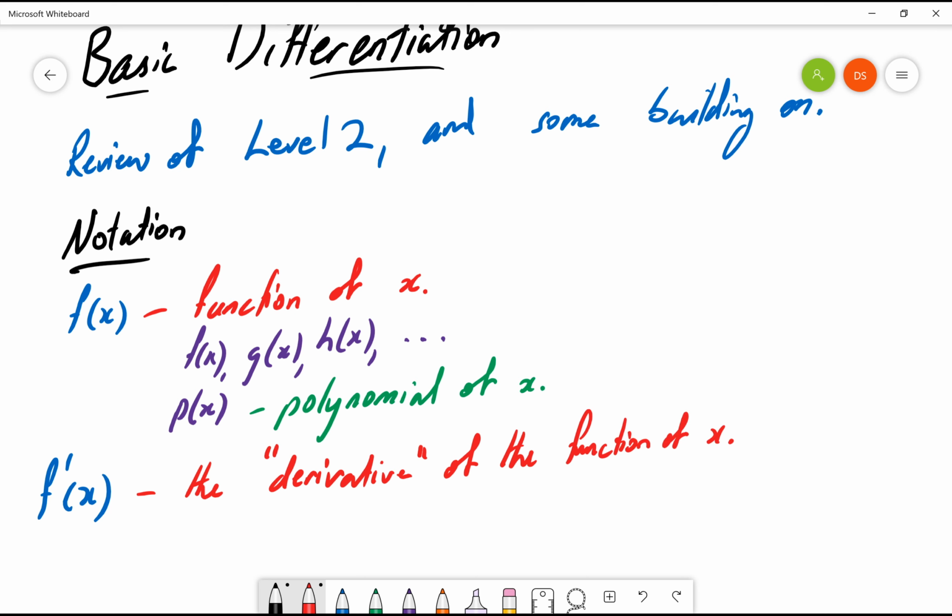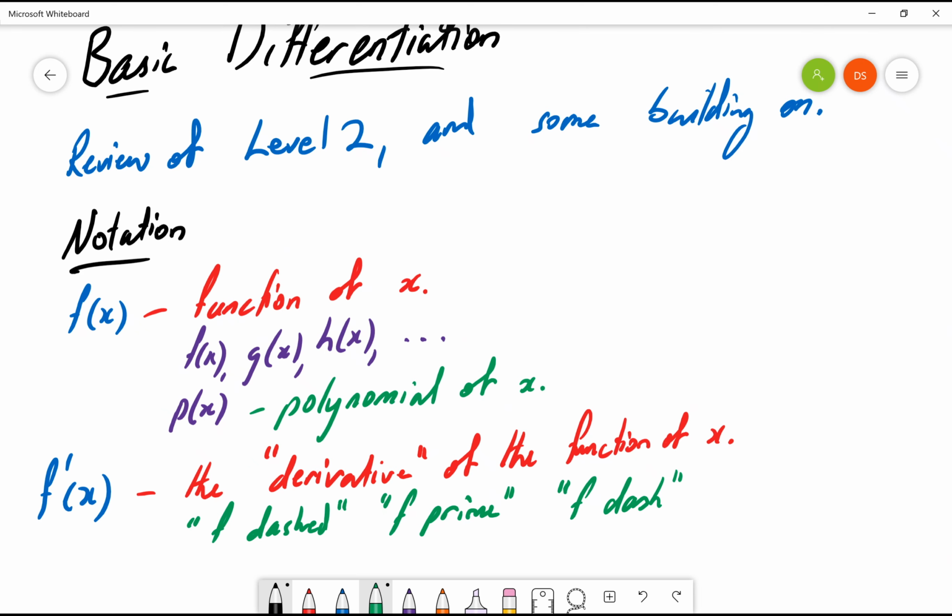So sometimes we call it f dashed or f prime, or f dash, I don't know, some people.